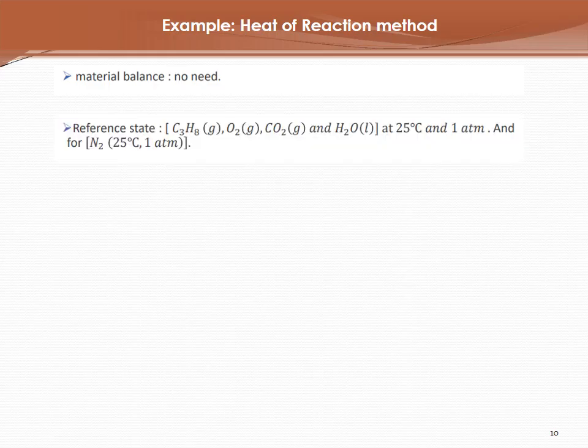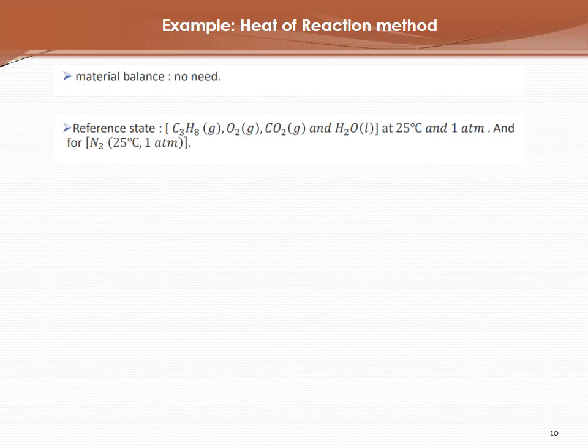The second step is to choose the reference state for calculating the specific enthalpies. The best choices are generally reactant and product species at 25 degrees Celsius and 1 atmosphere, in the states for which the heat of reaction is known. In the present problem, we choose 25 degrees Celsius and 1 atmosphere for all the reacting species.